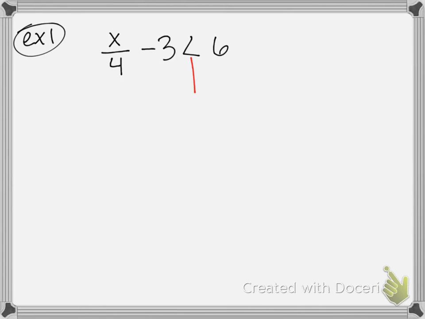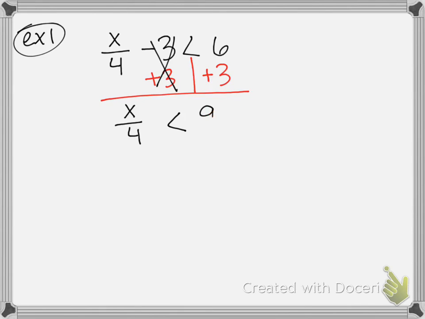Okay, so I'm going to go ahead and draw my step. I need to get this negative 3 to the other side, so I'm going to add 3 because that's the inverse of subtraction, right? So we would have x over 4. This cancels out. My sign, I did not divide by a negative, so it's going to stay the same. And then we can do 6 plus 3.